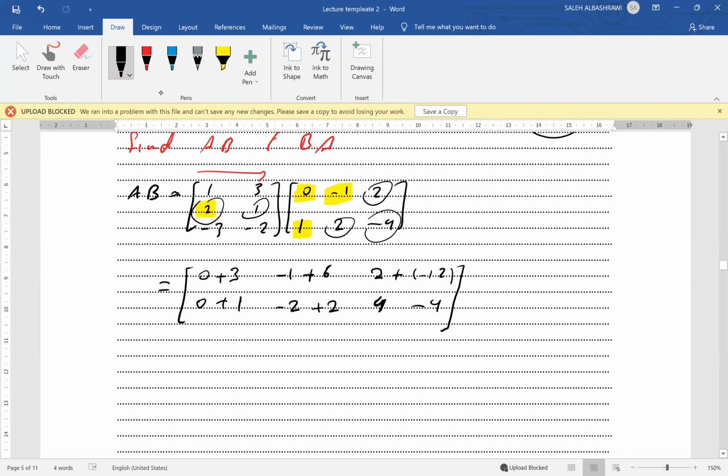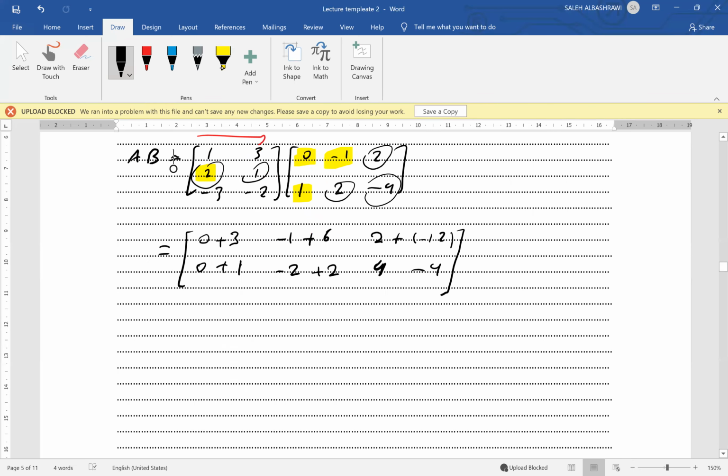Let's move to the third row. Now minus 3 times 0 will give me 0. Minus 2 multiplied by 1 is equal to minus 2. So this is minus 2. Let's move to the second column. This one with this one.